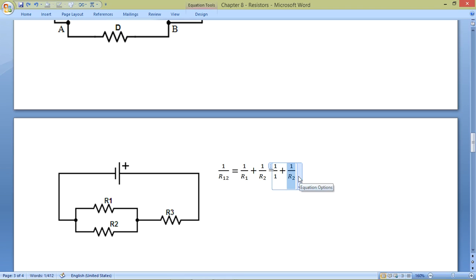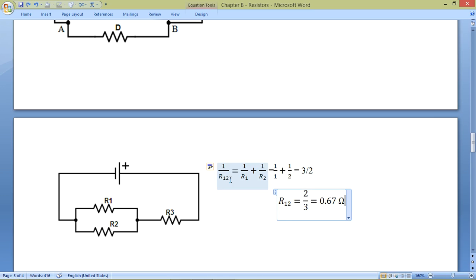Using the calculator, it is 1 plus half, which is 1.5. Yes, it's 3 over 2. We'll also take the reciprocal, so R12 equals 2 over 3, which is 0.66, or let's round it to 0.67 ohms.